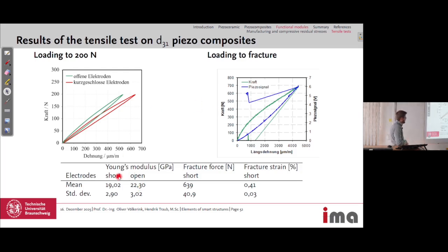Young's modulus we had on the slide before, short and open, but the force to fracture was only measured with short-circuited electrodes, which is about 639 Newtons.